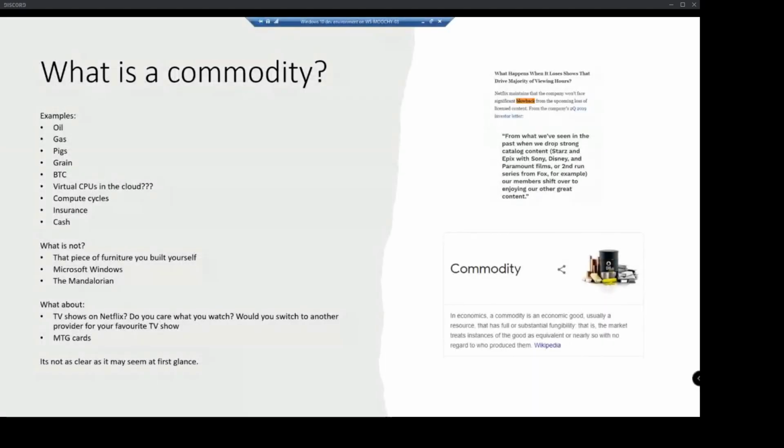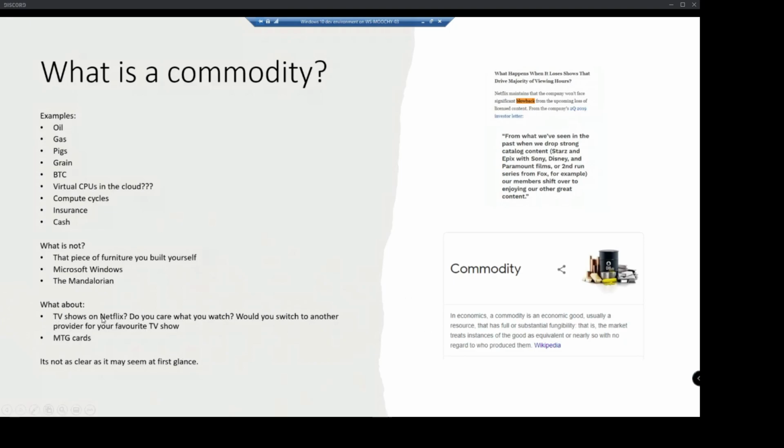If you think about your own viewing of Netflix, you scroll through looking for things to watch. You rarely go looking for a particular TV show and then choose your streaming provider on that basis. So I'm not saying it is fully a commodity, but potentially TV shows are commodities.